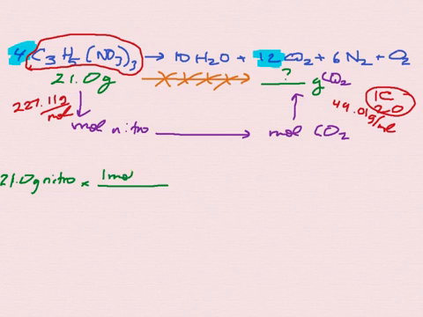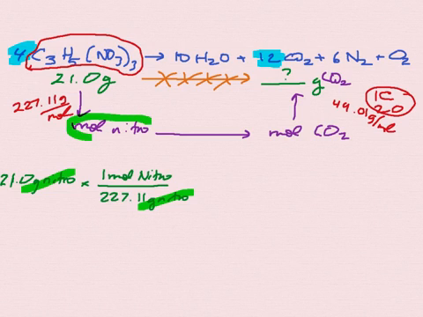Top I'm going to put 1 mole of nitro. In the bottom I'm going to put 227.11 grams of nitro. If I stopped there and did the math, the grams of nitro would cancel. And my answer would be in moles of nitro. I would be right here. That's where I'm at right now. Moles of nitro.